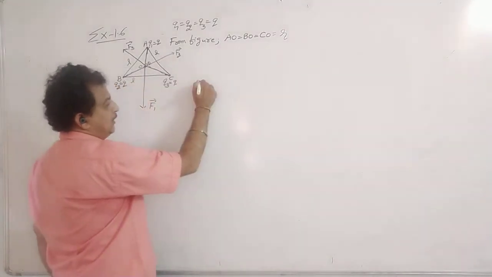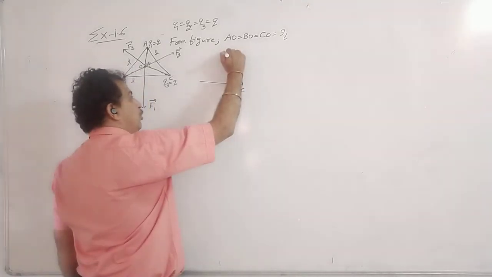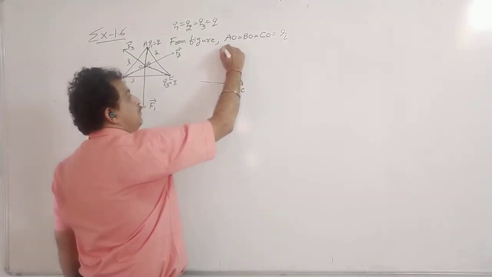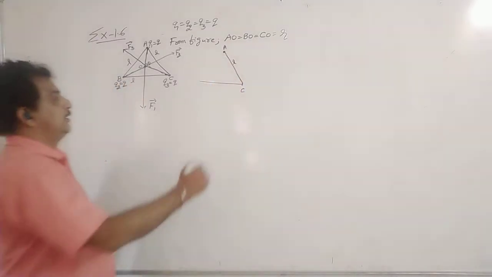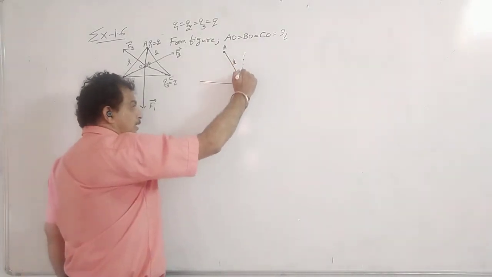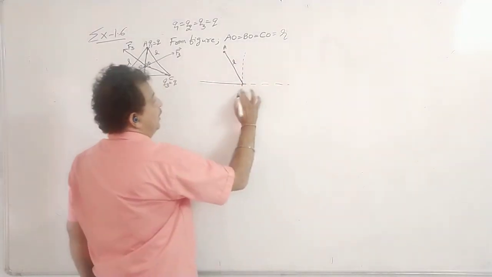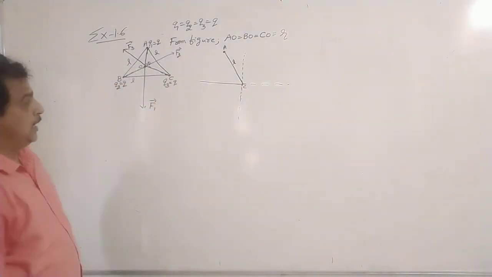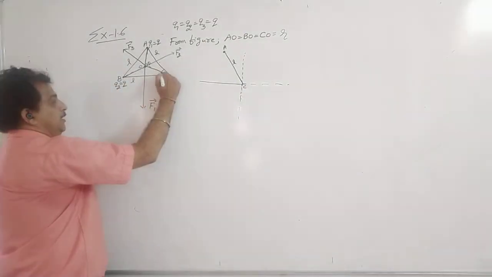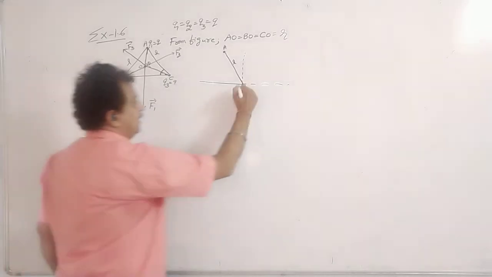So I am drawing this diagram again. This is my point C, this is my point A. The distance between A and C is the length of the side of the triangle. I draw a Cartesian coordinate system in such a way that point C comes out at the origin. Now since this triangle is equilateral, the angle between AC and BC will be 60 degrees.